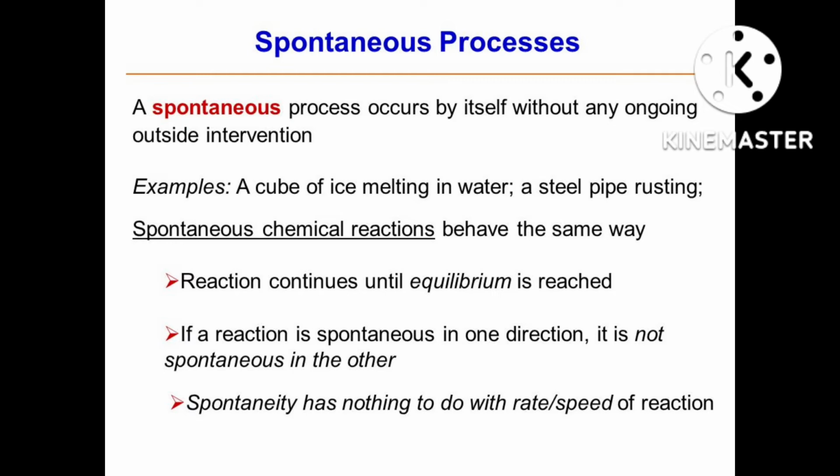Then what will happen? After a period of time, if you want to separate only gas A or only gas B, it is not possible, because both gases mix automatically, spontaneously. You have not done anything, sir.